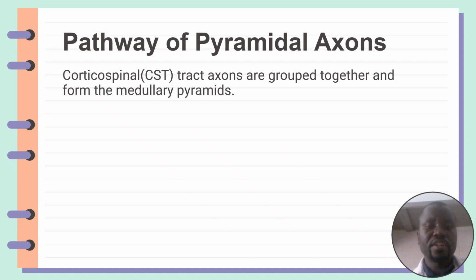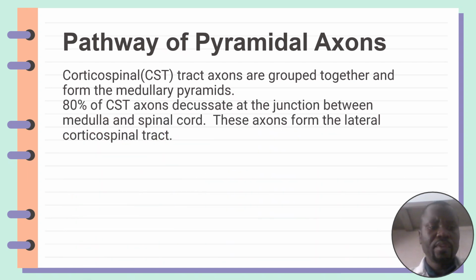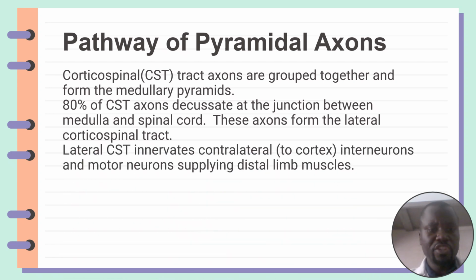Corticospinal tract axons are grouped together and form the medullary pyramids. And 80% of these will decussate to the other side, at the junction of the medulla and spinal cord. These axons form the lateral corticospinal tracts, as we've mentioned. Quickly also to highlight that the lateral corticospinal tract innervates contralateral interneurons and motor neurons supplying the distal limb muscles.